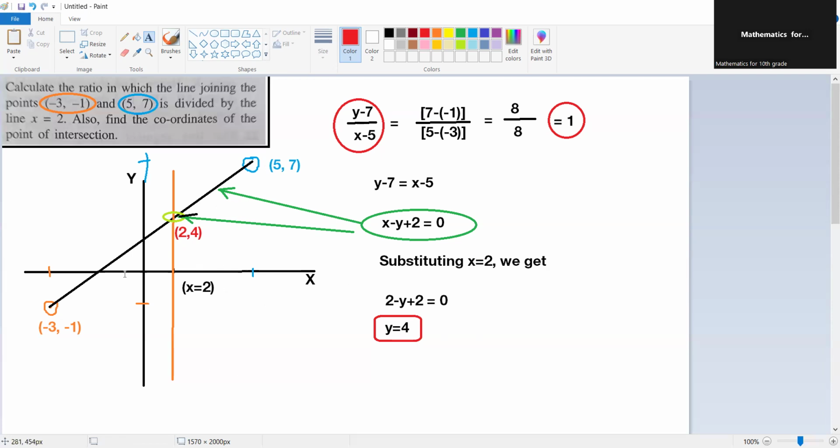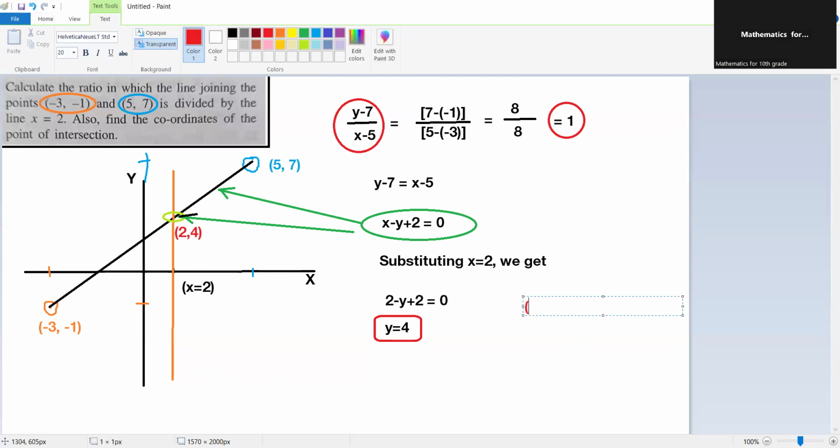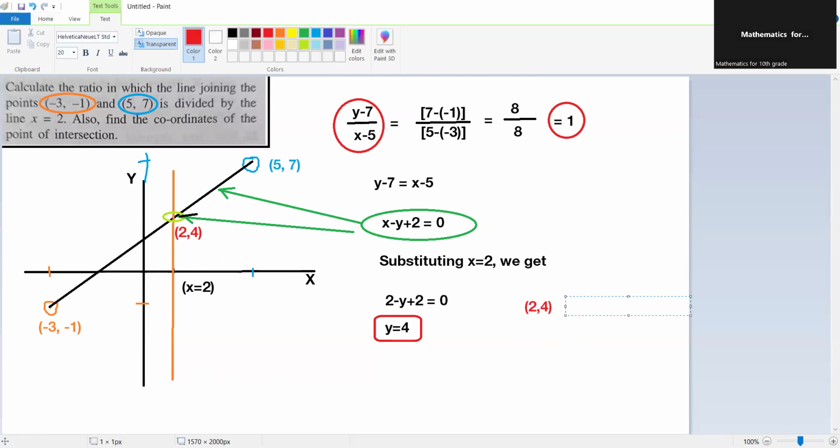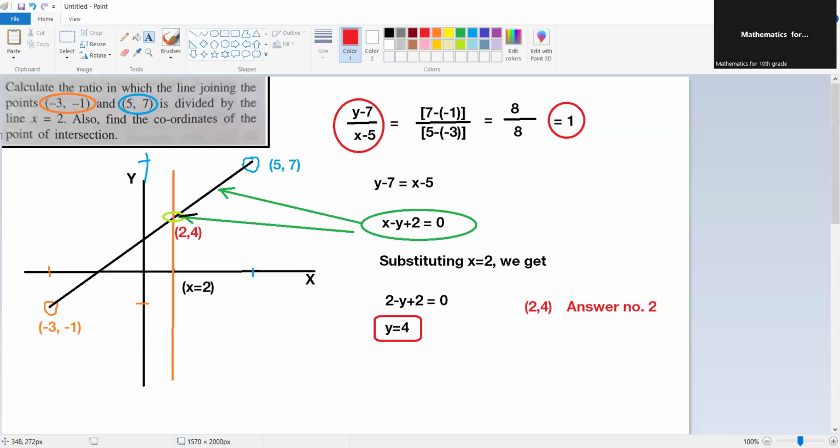So it's fairly easy to find out the ratio. I already got the first answer, which is 2 comma 4, the point of intersection. Sorry, this is the second answer. Answer number 2 is the point of intersection coordinates.